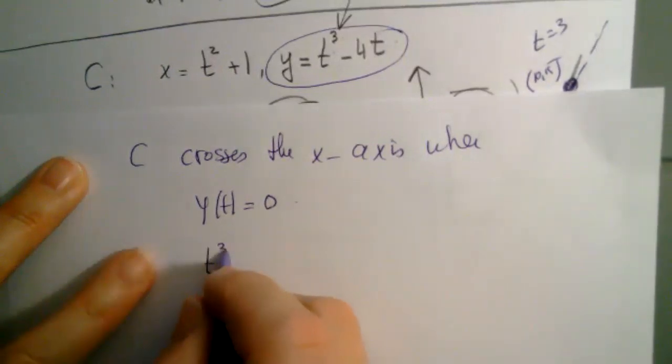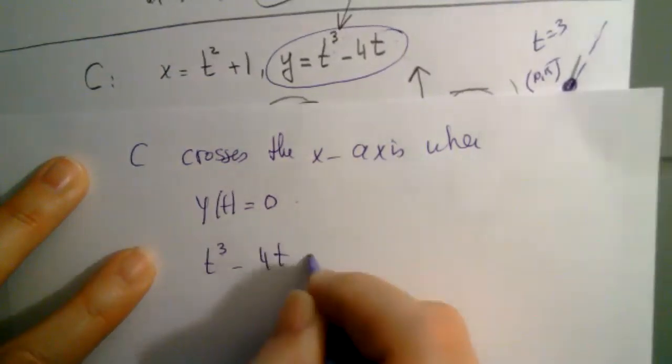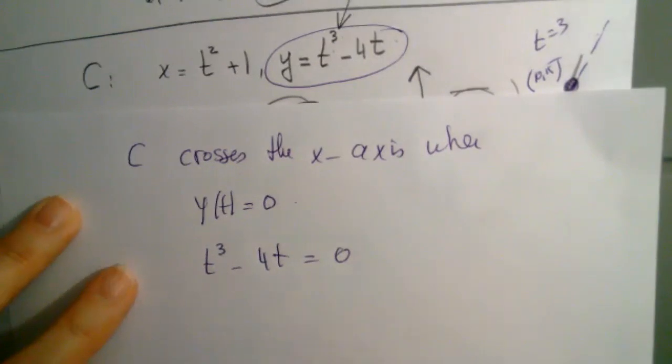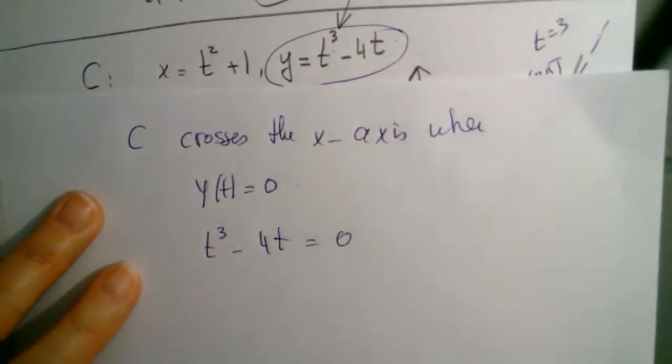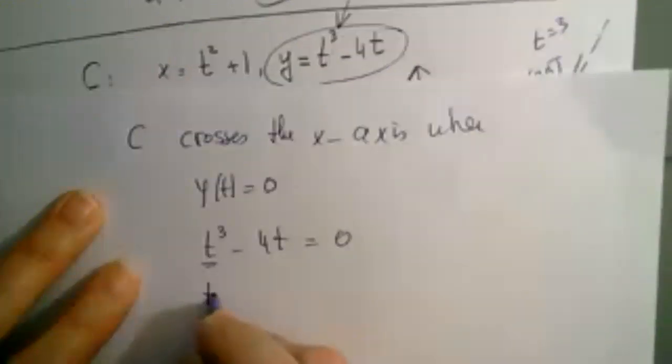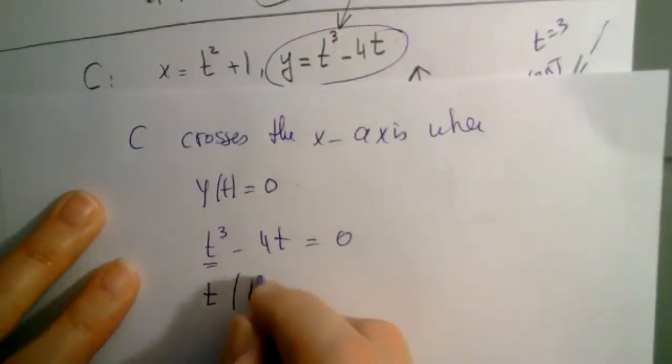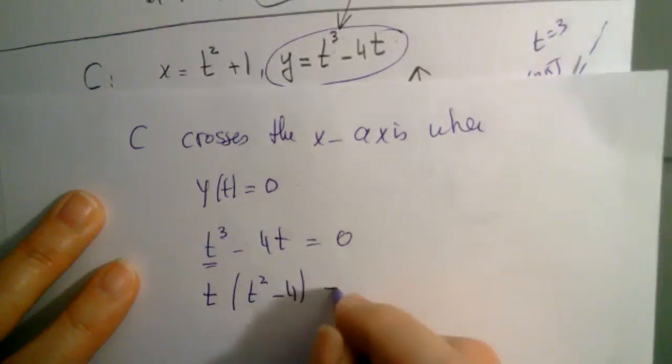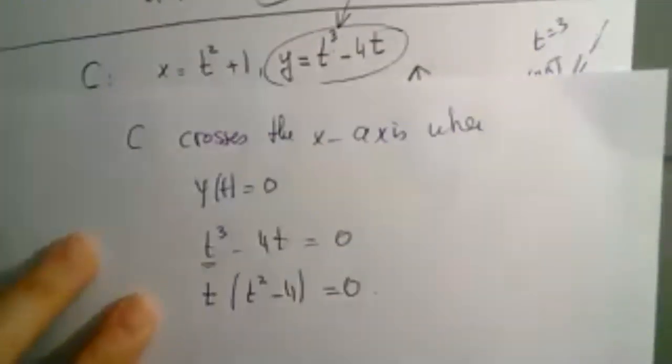It means t to the power 3 minus 4t equals 0, and I have to solve for t. How can I solve for t? One way is to factor. Solving is factoring, equal to 0.